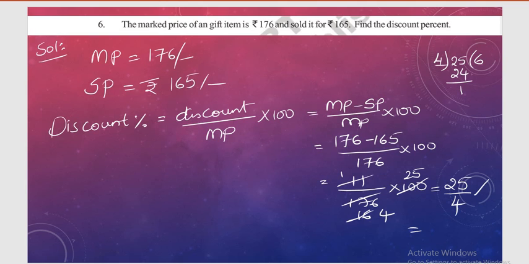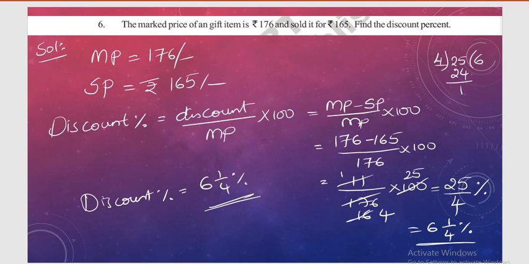Now this 25 by 4 percentage can also be represented as 6 1 by 4 percentage. So from this what can I say? The discount percentage is given as 6 1 by 4 percentage.